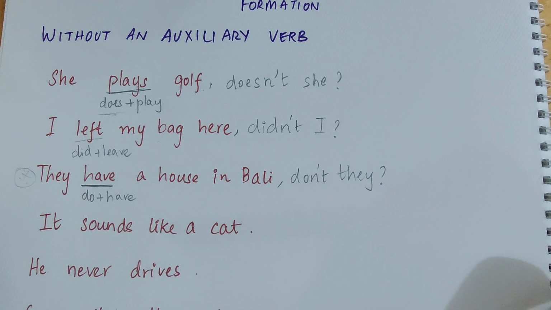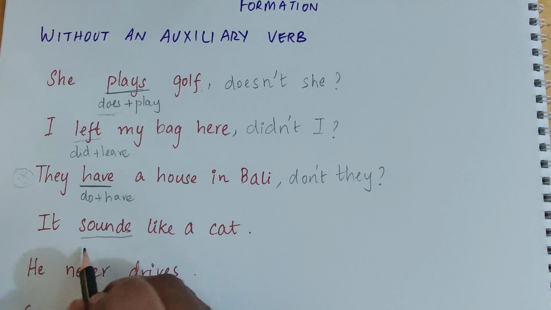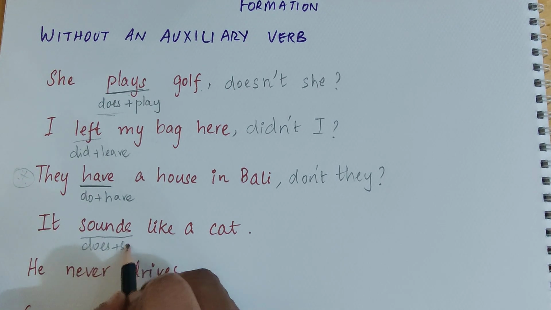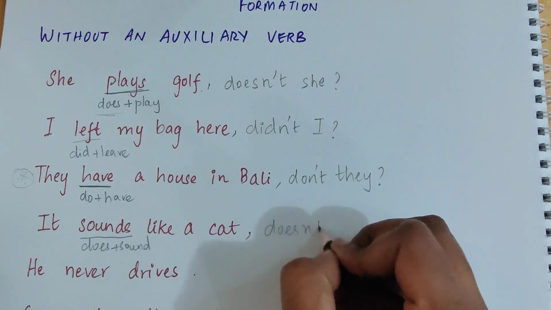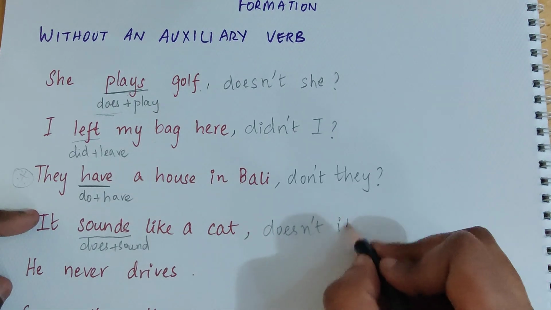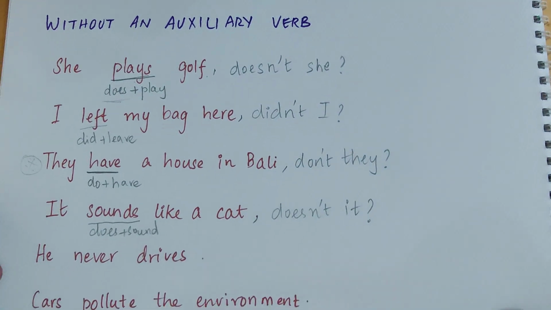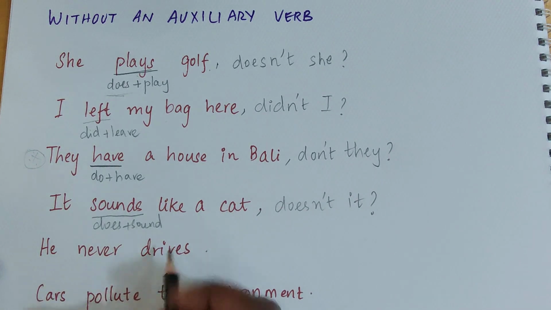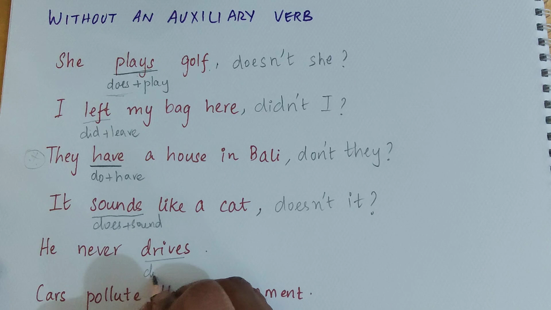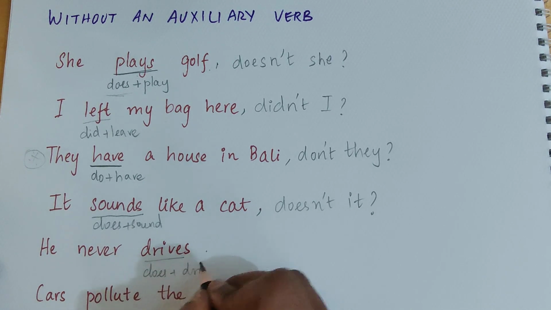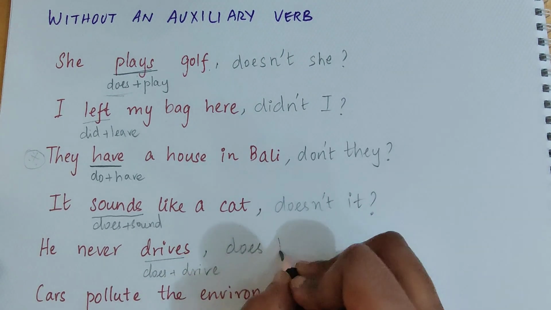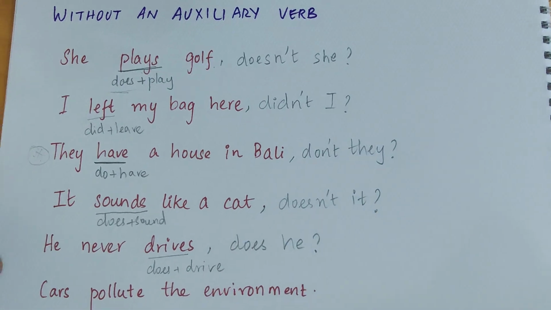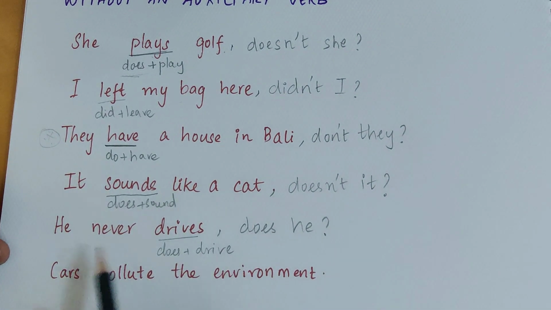It sounds like a cat. Sounds, does plus sound. Doesn't it. He never drives. Negative statement. Does plus drive. So it is does he. As the statement is negative, we are using a positive tag.